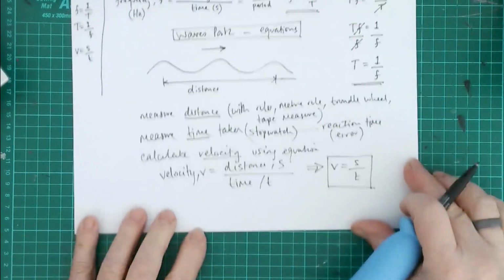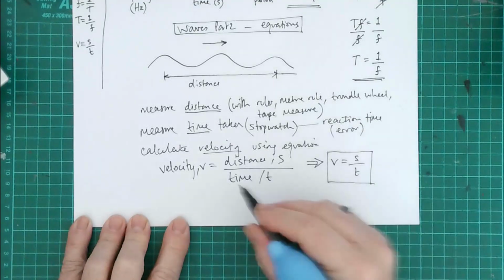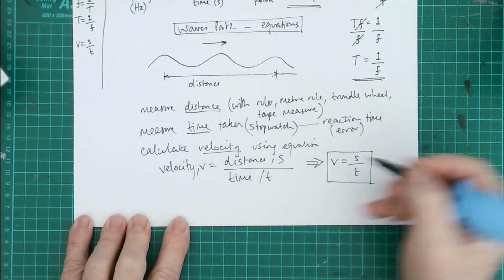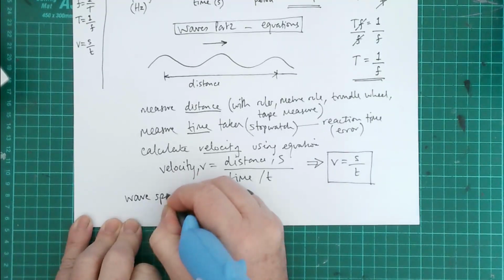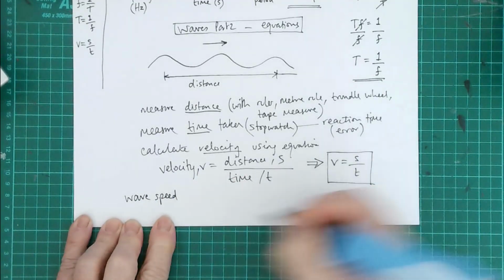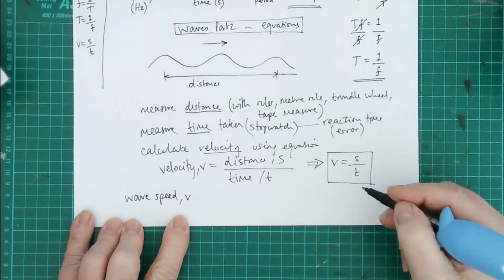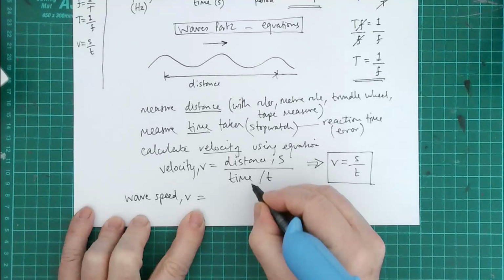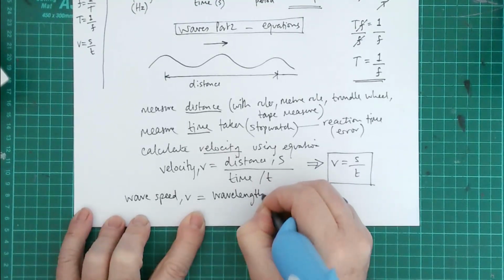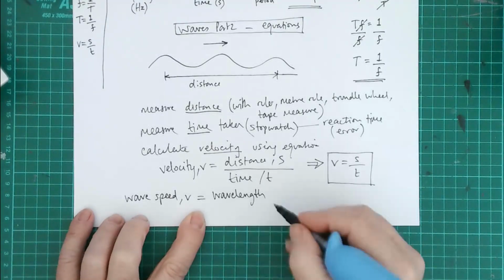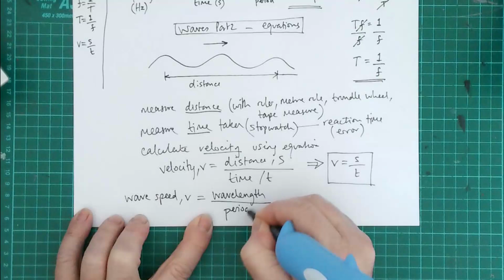And interestingly, what we can do, if we're thinking about the distance being one wavelength, we can say that the velocity, let's call it wave speed or wave velocity, we're still going to use the letter v because we use v for velocity or speed. If the distance is one wavelength, we know that the time taken for one wavelength to pass a point is the period.